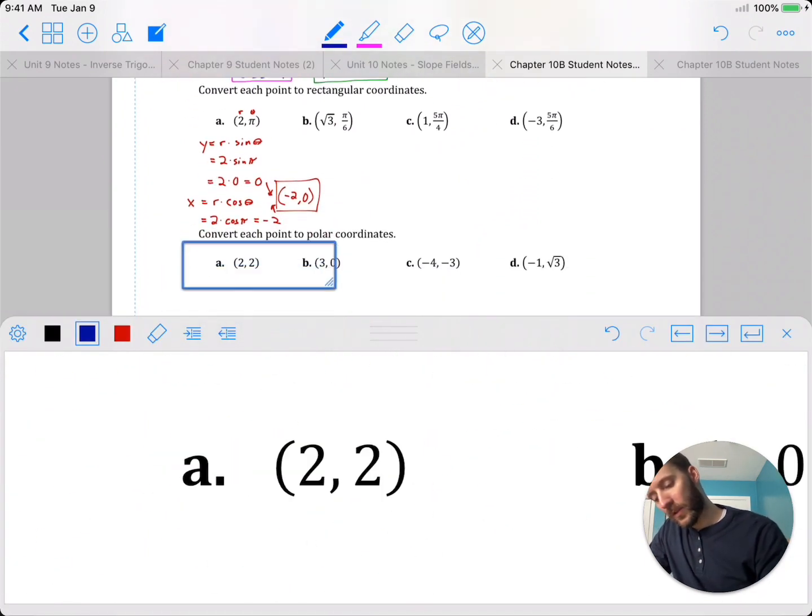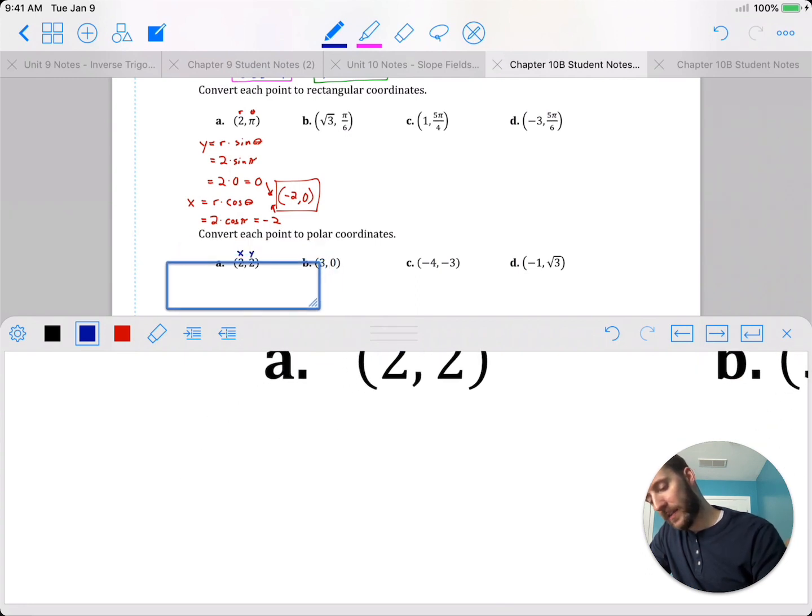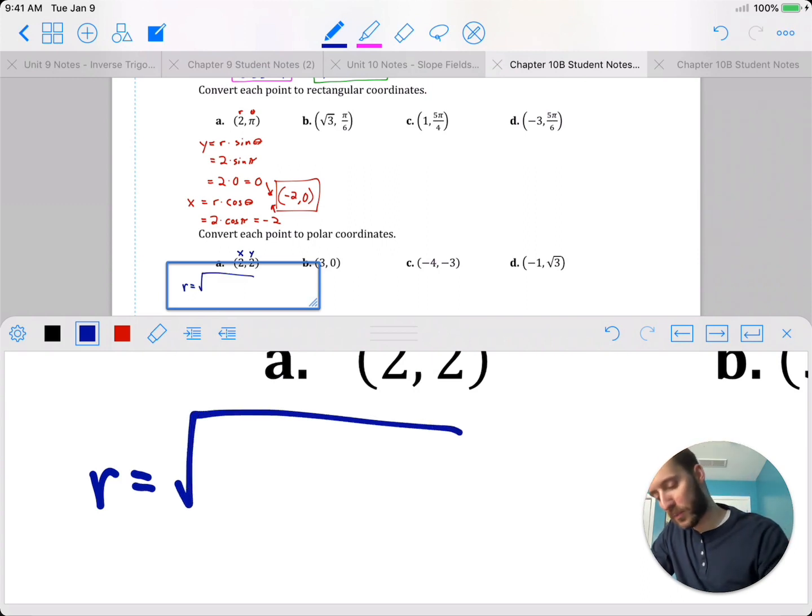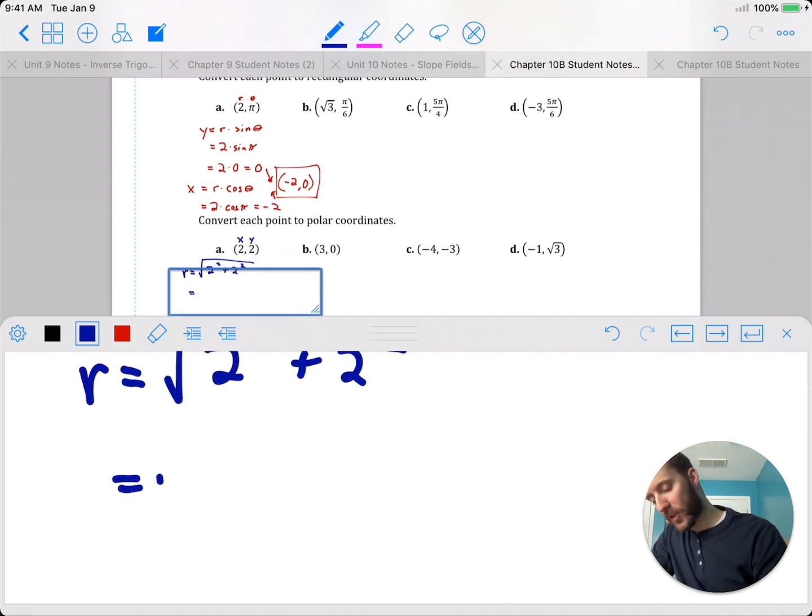So we have x and y. To go to r is the square root of x squared plus y squared. So that would be root 8. Simplest radical form, 2 root 2.